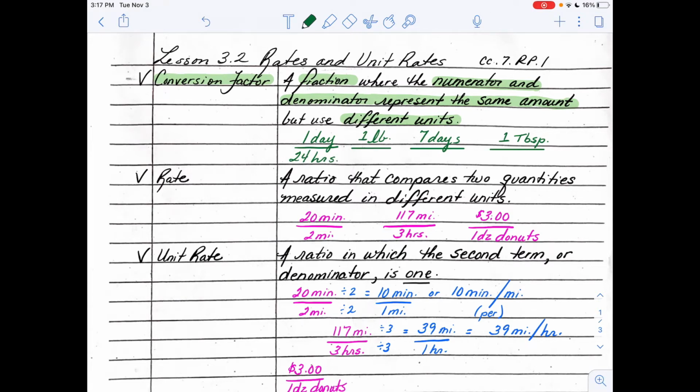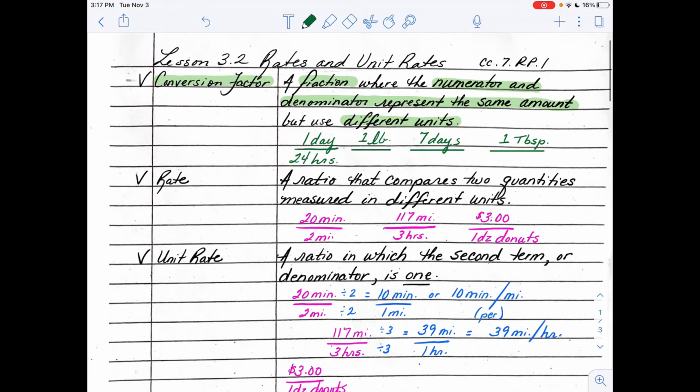Those are 2 different units, but they represent the same exact amount. So 1 pound, 16 ounces. 7 days, 1 week. And if you're ever a baker, 1 tablespoon is the same as 3 teaspoons.